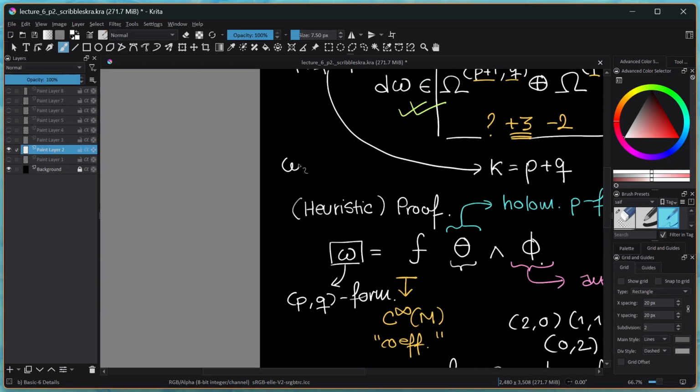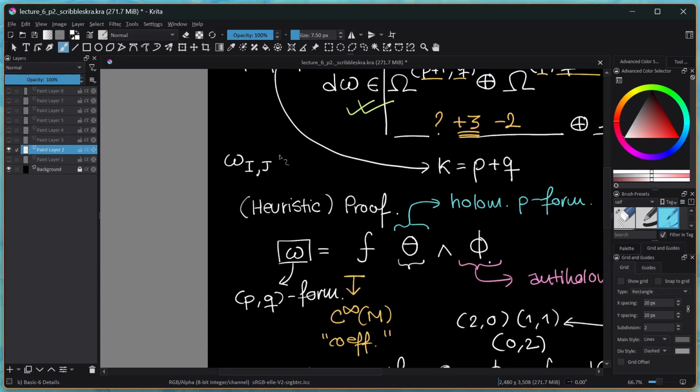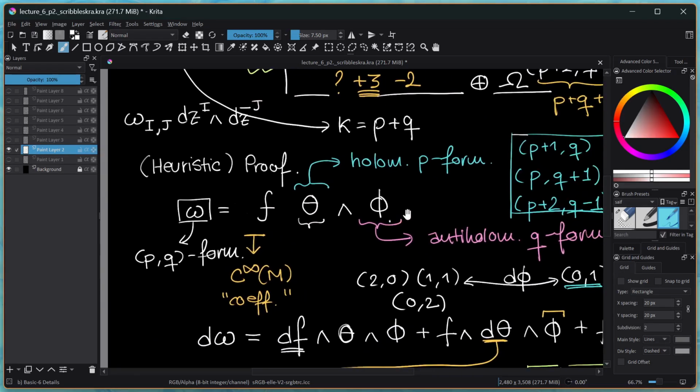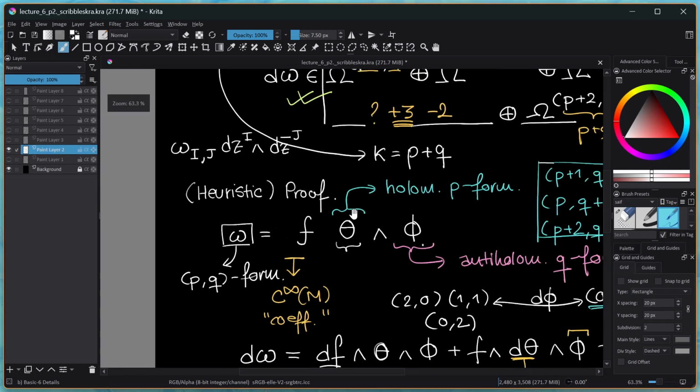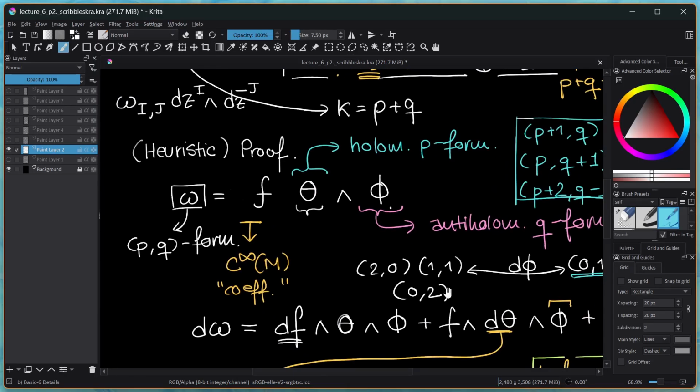You can compare and contrast that to the PQ form that I wrote there, which was dz I wedge dz bar j. So that's the mistake I was thinking of correcting. I didn't end up getting to it, so hopefully that makes sense.